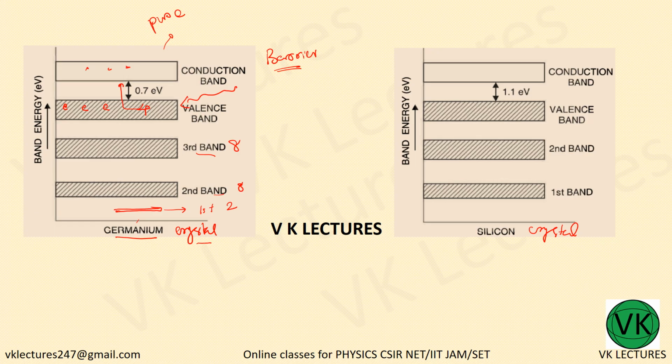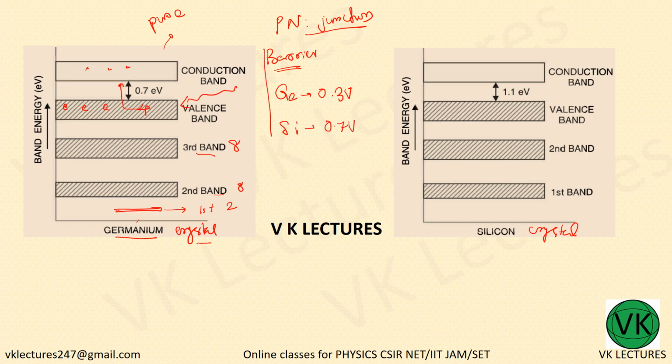In the PN junction diode, you have a silicon diode and a germanium diode. The barrier voltage for a germanium diode is about 0.3 volt and for silicon about 0.7 volt.